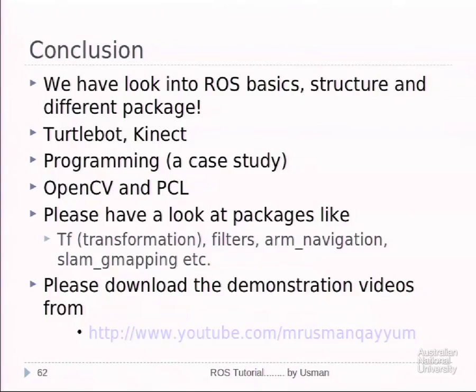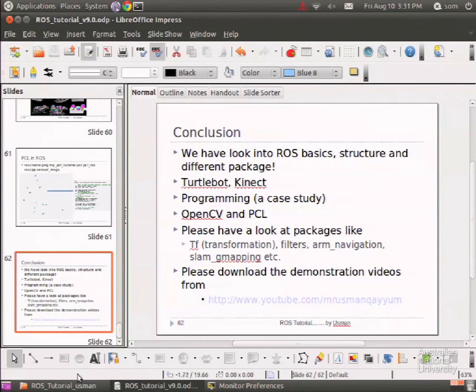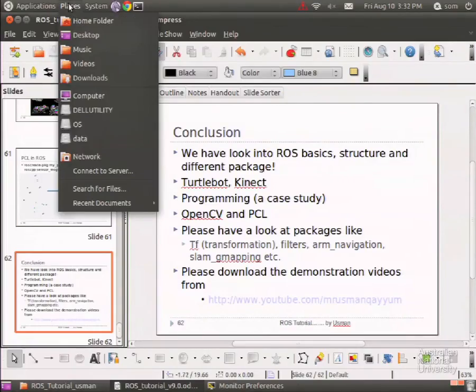What we have covered is the ROS basic structure and the different packages it has. This is the ROS link from which you can download the videos, and I will send you this presentation by email as well. So this coming weekend you can look into the things I discussed.